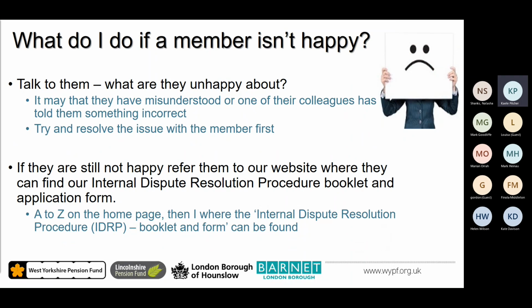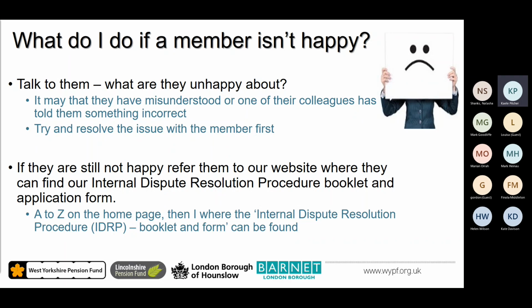So, what do you do if you get a member who isn't happy? Well, first of all, talk to them. What are they not happy about? It may be that they've had a misunderstanding. One of their colleagues has told them this will happen or that will happen, when actually that isn't the right thing.